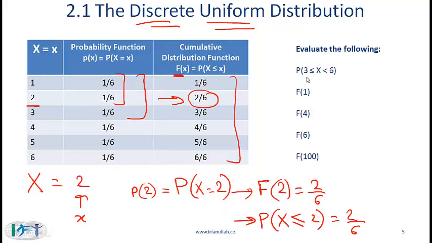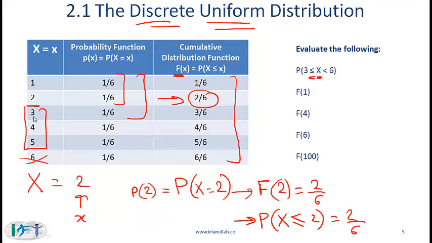What is the probability that the random variable is between 3 and 6, where 3 is less than or equal to x, but x is less than 6? What that essentially is saying is that our random variable is between 3 and 5, because x is less than 6, so this 6 is not included in our discussion here, but 3 is, because of that less than or equal to sign, which you need to watch very carefully.